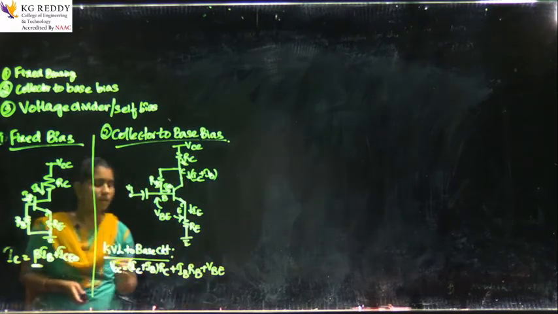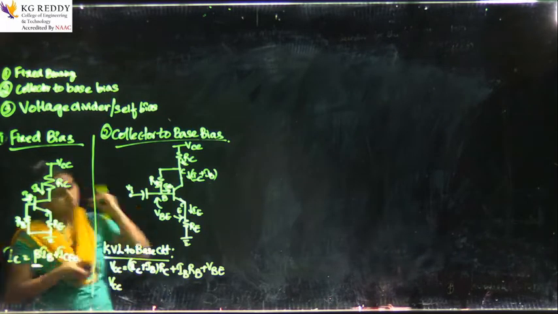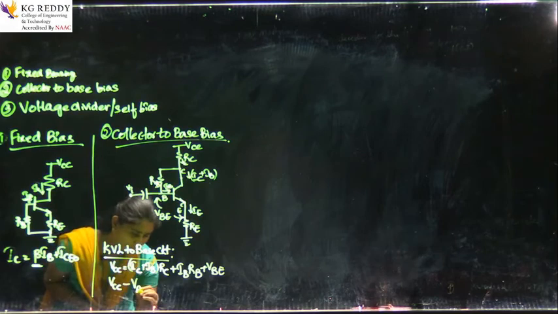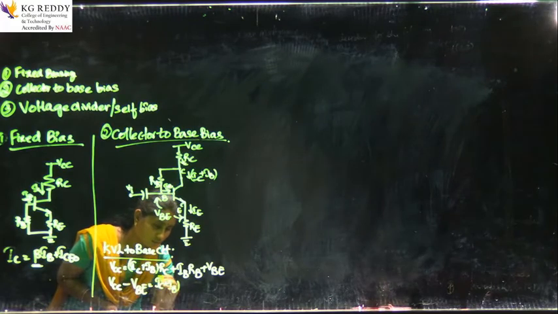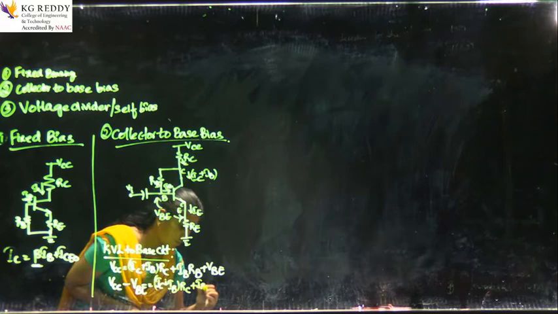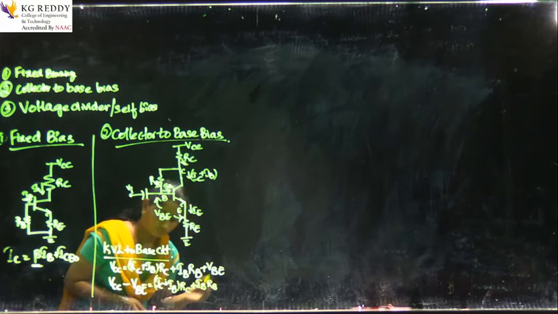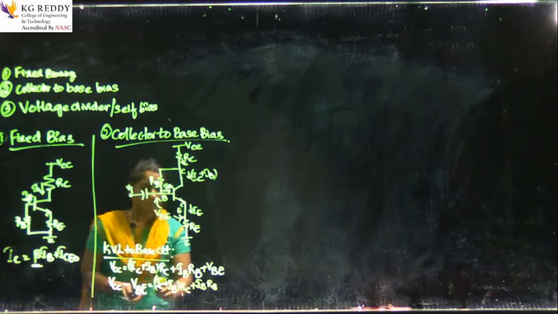Okay. Now, I can write VCC minus VBE equals (IC plus IB) into RC plus IB RB. Okay.